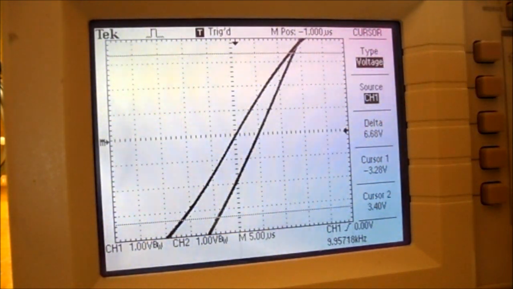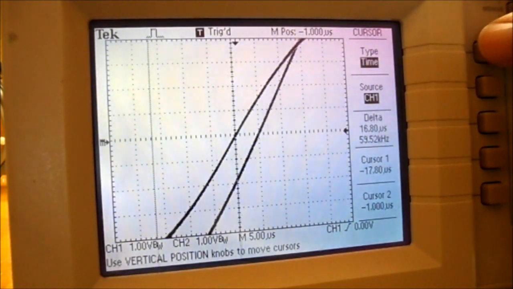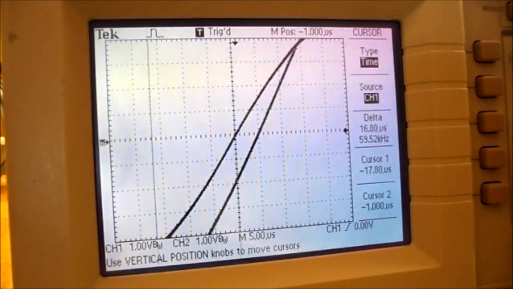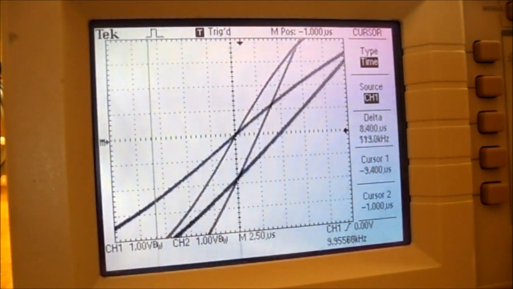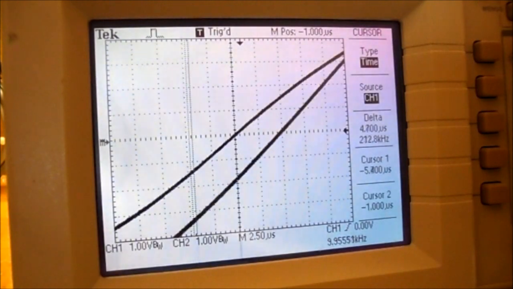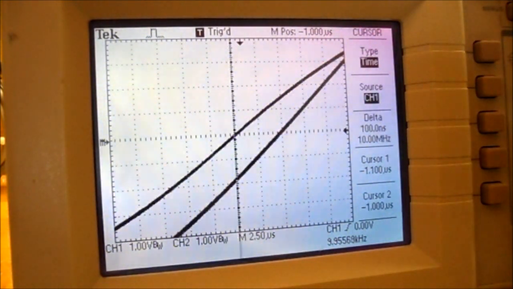Now I'm going to put my cursors on type time. Change the seconds per division to open up the waveform a little more. My first cursor is going to go through the first waveform, which is V in, and you want to get it right at the zero crossing line.